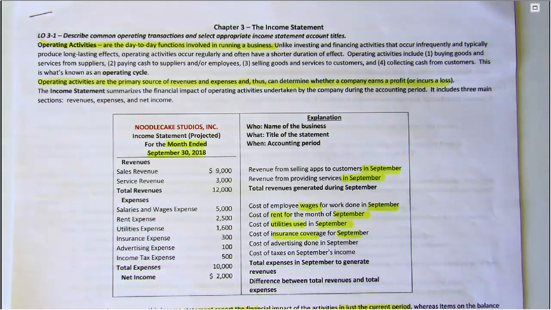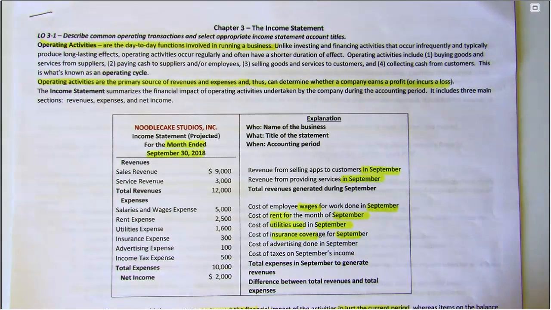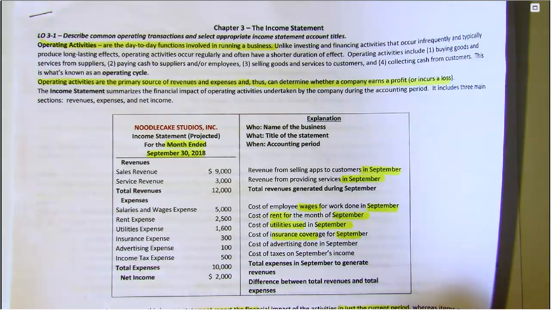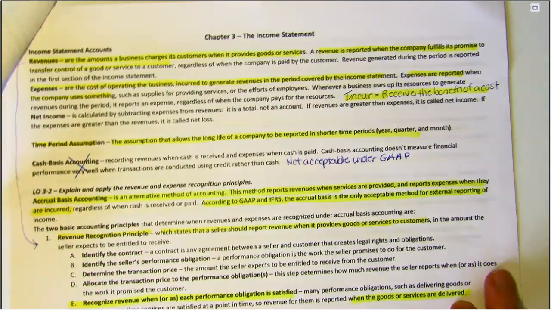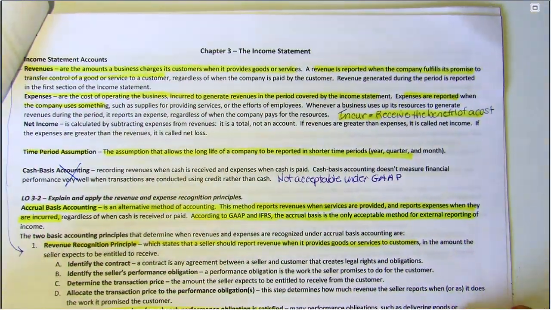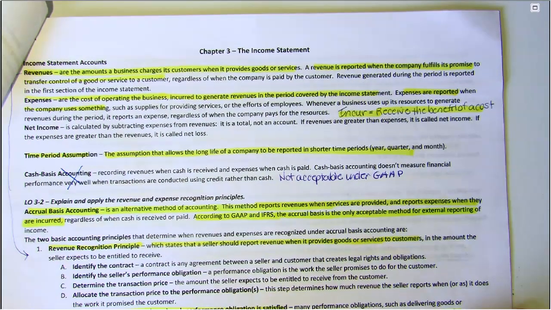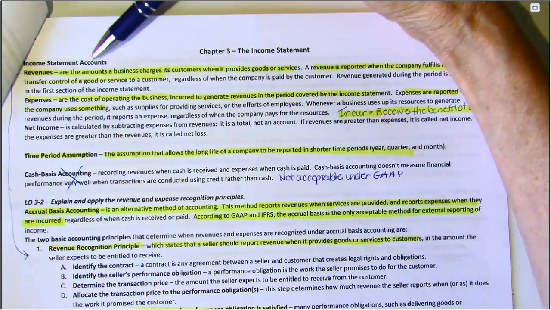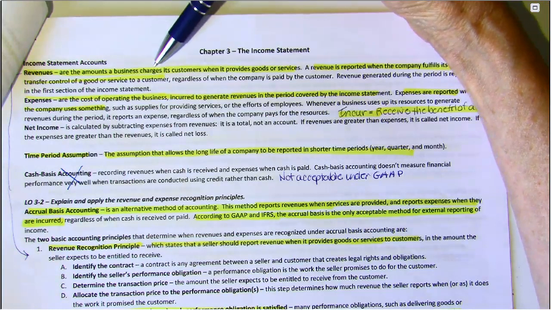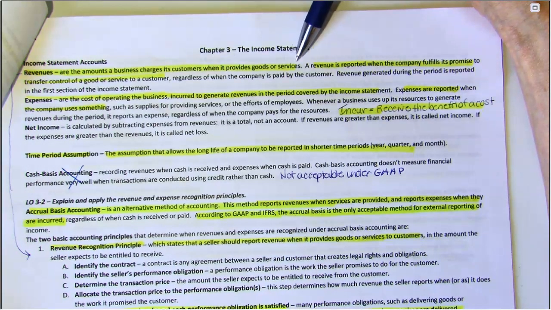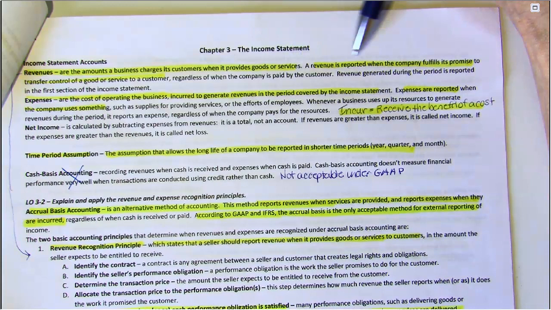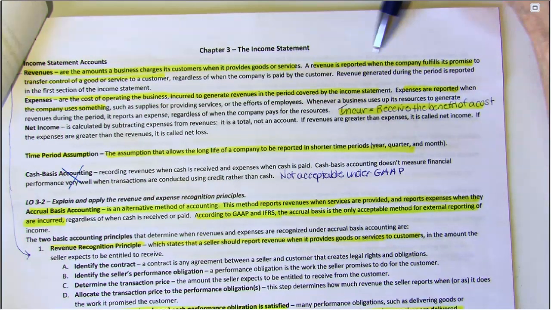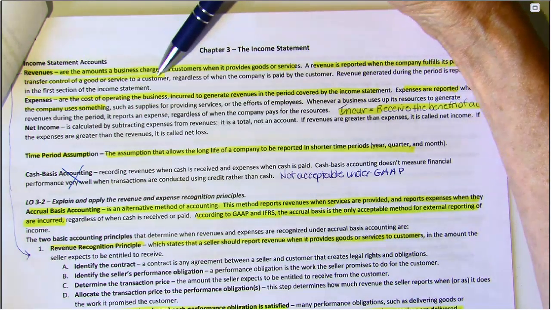Now I'm going to flip to the next page for a moment just to review the definition of revenues, and then we'll come back to the income statement. Revenues are the amounts a business charges its customers when it provides goods or services. A revenue is recorded and reported when the company fulfills its promise to transfer control of a good or service.